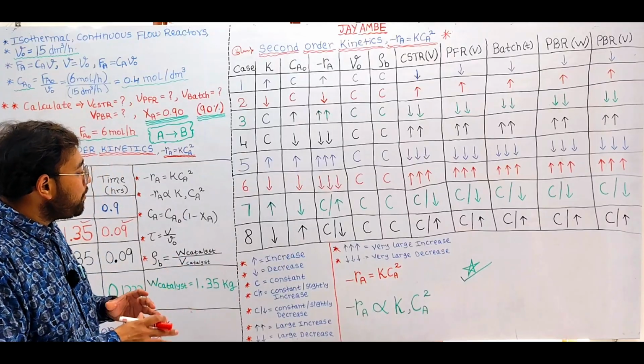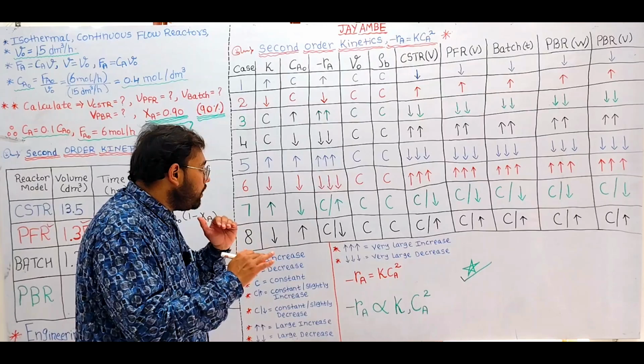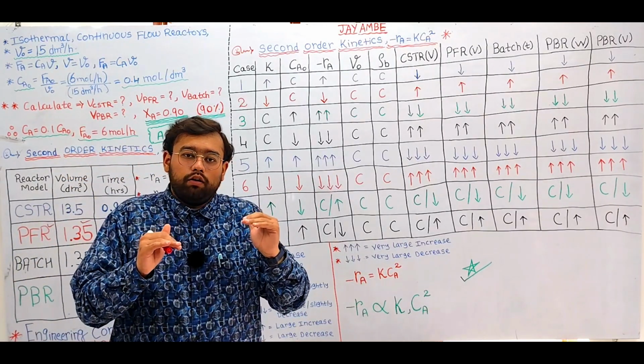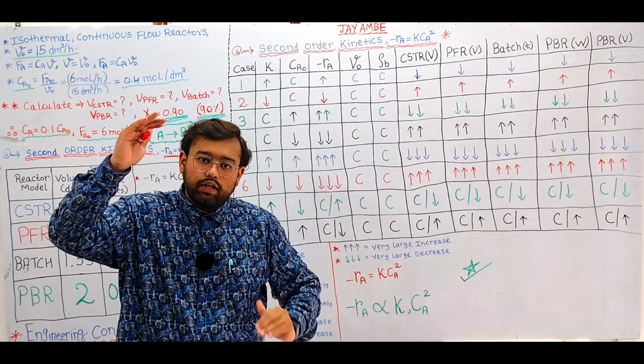So these two opposite effects taking place simultaneously will nullify the rates, which means in one part the rate constant is increased and in the other part the concentration is decreased, right?